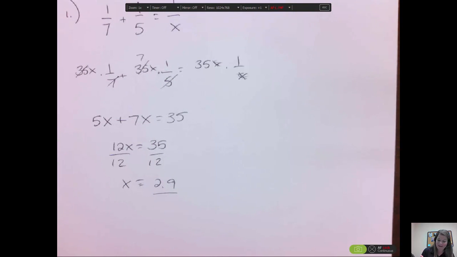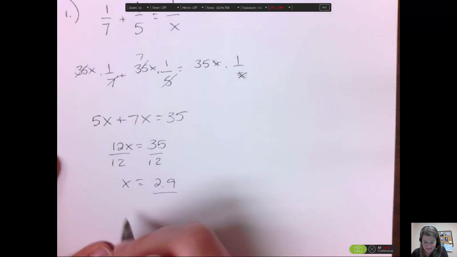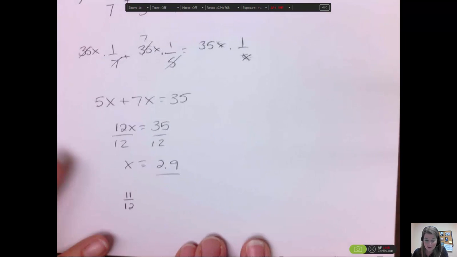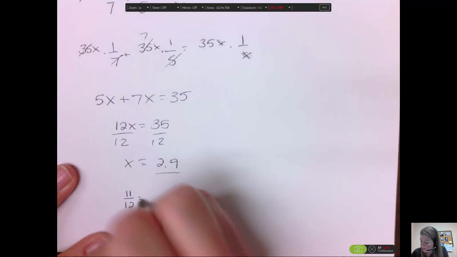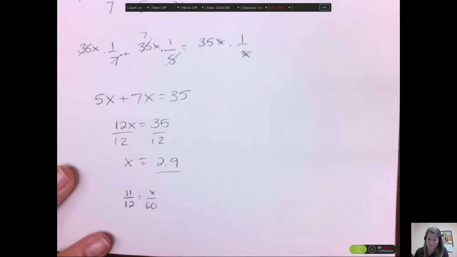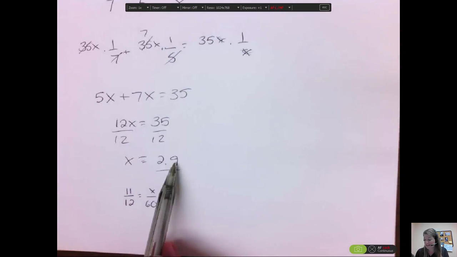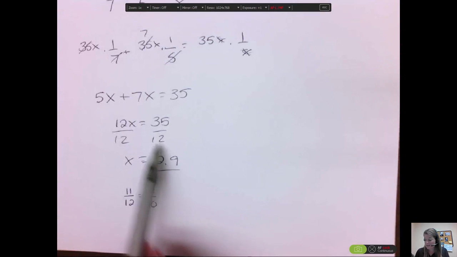We have 11, because 36 would be 3 times. So we have 11 twelfths as our remainder. How many out of 60 is this if we wanted it in terms of minutes? We have that 2 hours here, and we're just looking at the 0.9, or the remaining part.